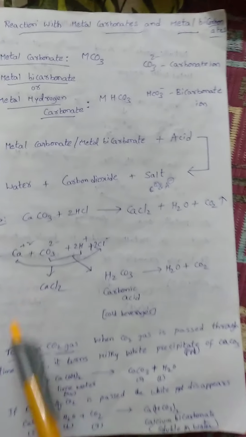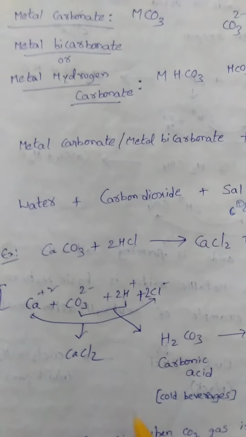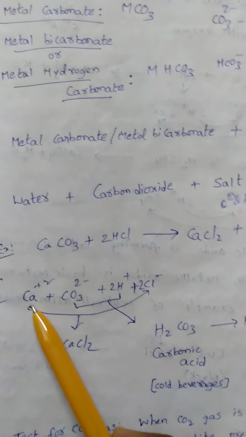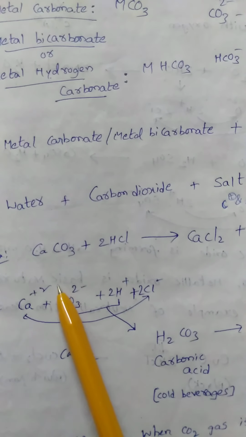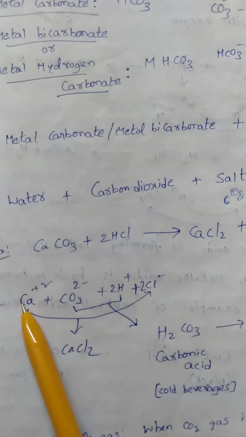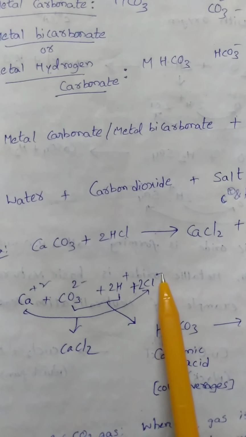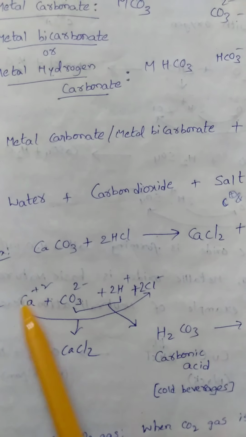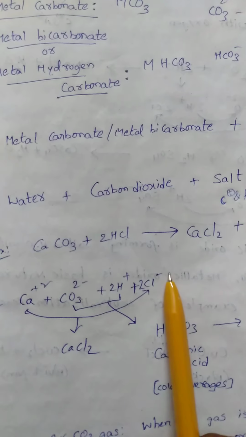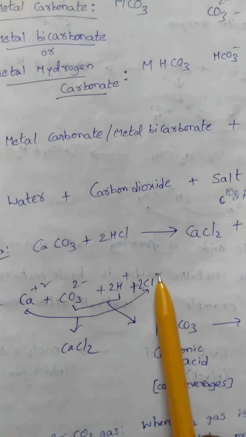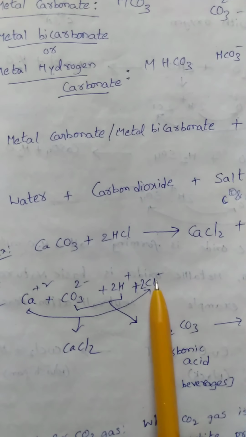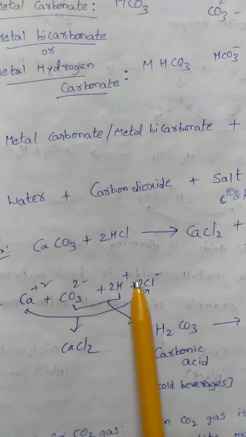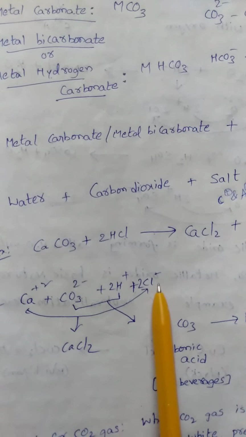How to write this formula? This is very important in chemistry. Remember, any compound should be neutral. Ca is plus 2, which means it has a valency of 2. Cl is minus 1. So the number of positives should be equal to the number of negatives. If you take only one Cl, it is minus 1. If you take one Ca, it is plus 2. To make it neutral, we have to take two negative groups.